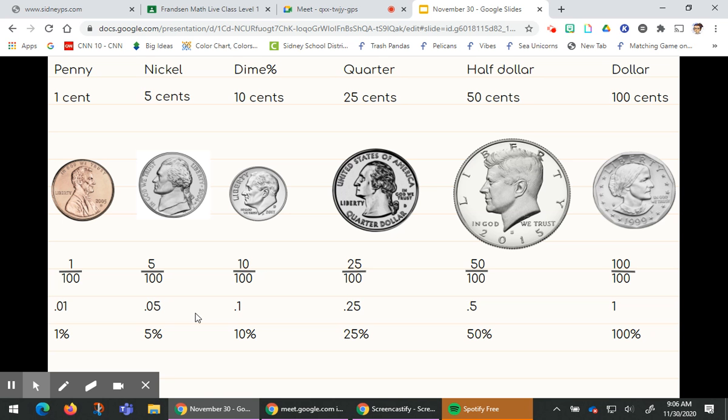Okay, and that packet has these coins right on it. Make sure to leave one on coin steps and finger steps.